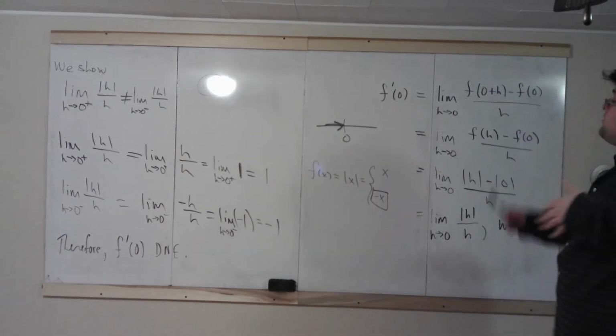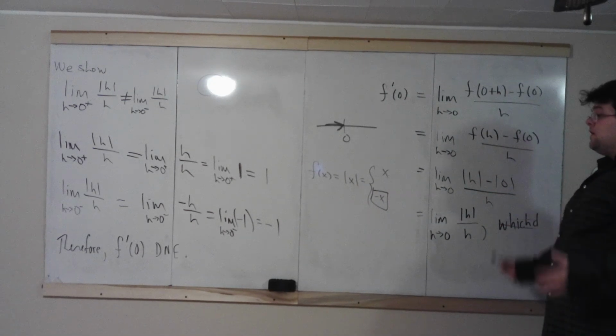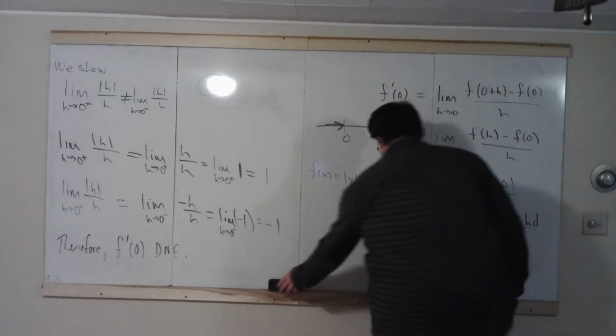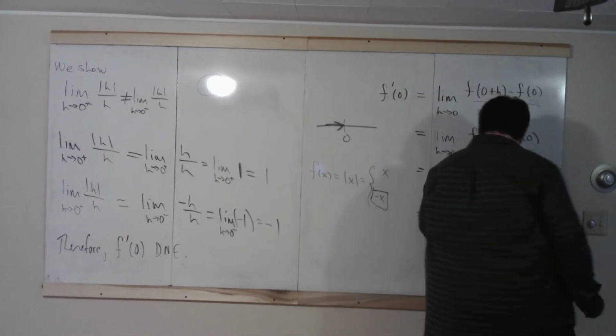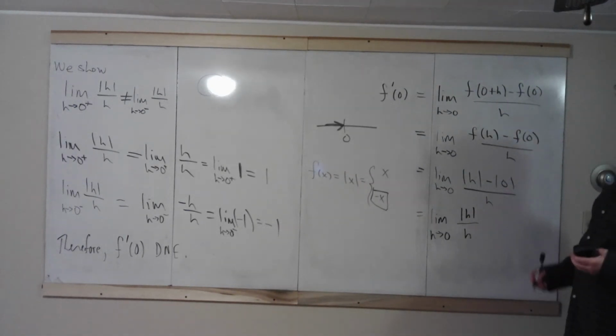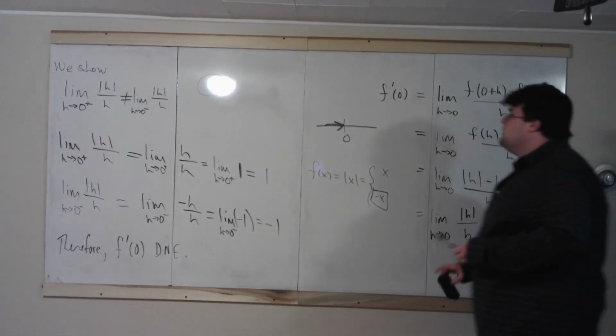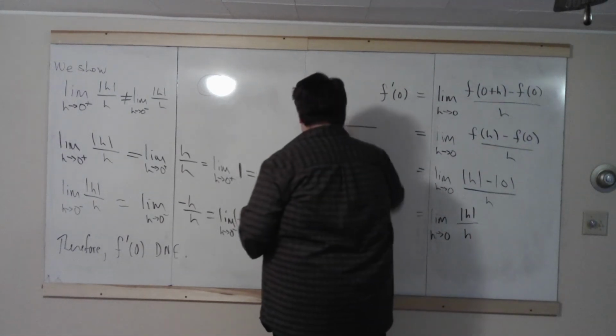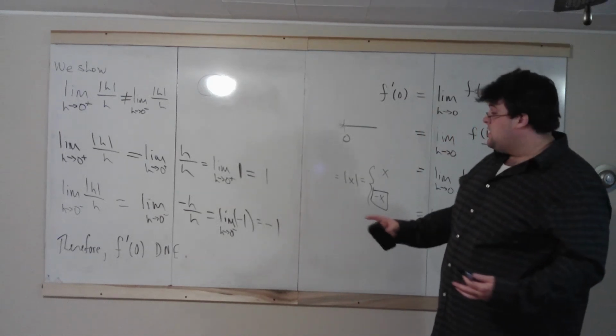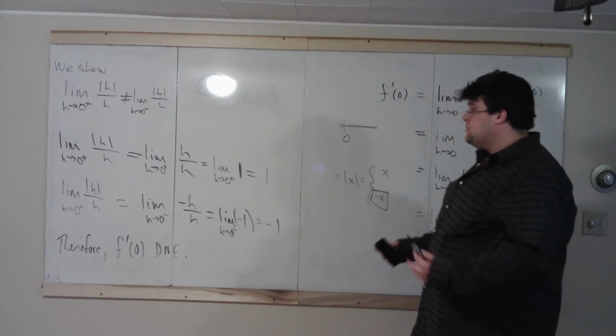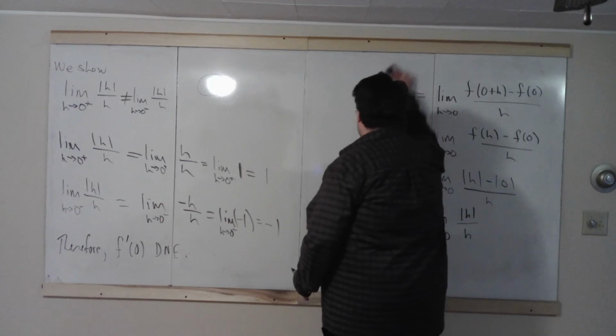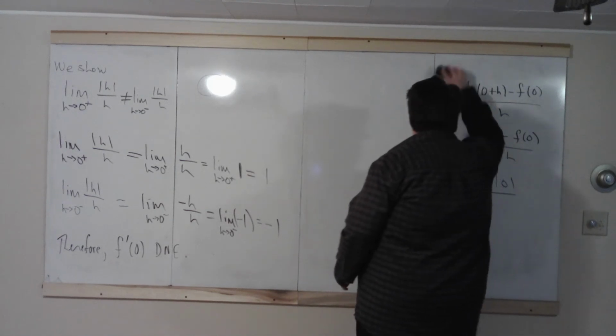So f prime of 0 equals this limit. We simplified it, and then we showed this limit had different values on both sides of 0. So therefore, this function is continuous, but not differentiable. Therefore, the converse of that statement does not hold.